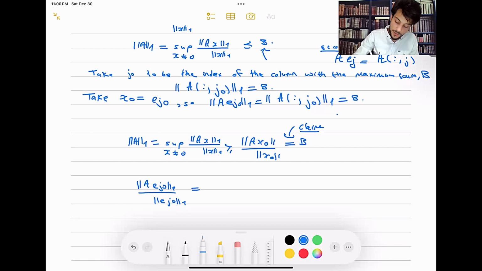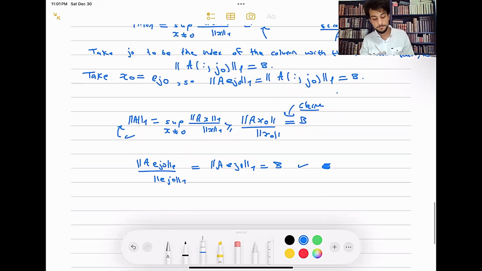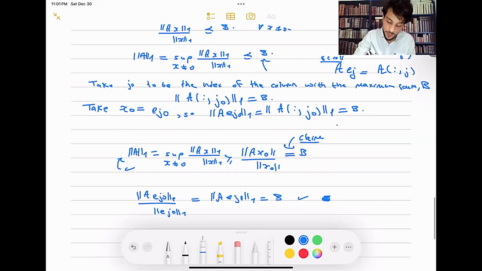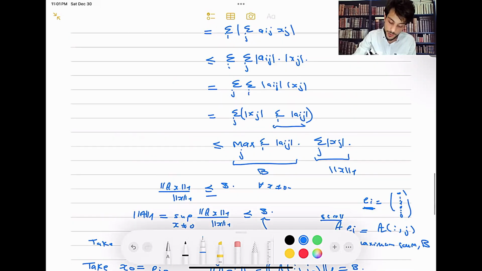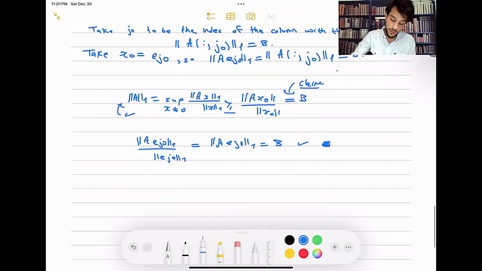And that means this is just the norm of A e_j0, which we just proved to be B, and this actually completes the proof of 1 in virtue of this observation. Okay, so we've gotten the second inequality, and we already had the first inequality, so we are done with 1.